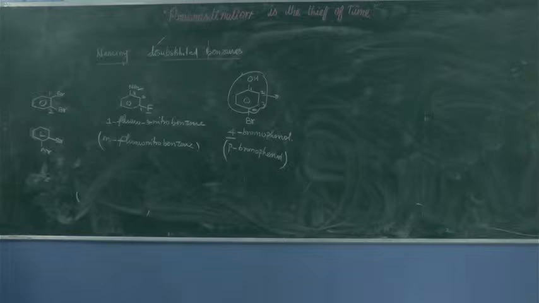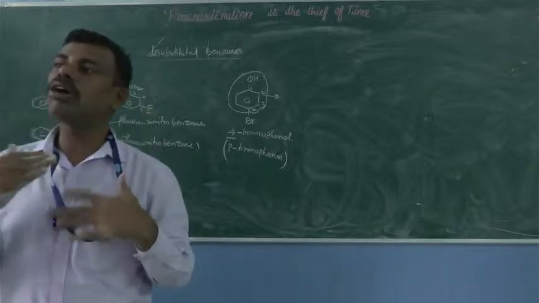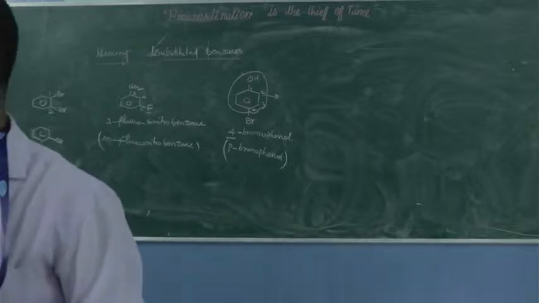Yes or no? Yes. Similarly, you have to apply the same rule for other substituents. Is it clear? Next we are going to discuss the naming of tri-substituted, that is tri or more than 3. That is tri-substituted or you can say polysubstituted benzene.